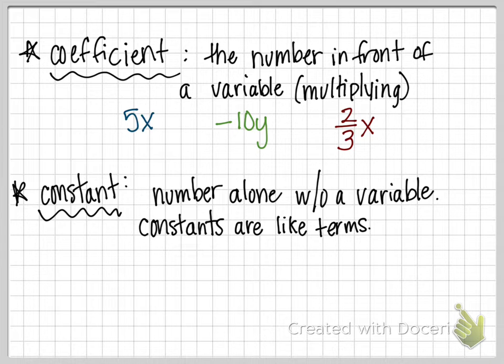So notice up here, we have all these variable terms, right? We have a coefficient and a variable. A constant is just a number with no variable attached to it. Or -25, right? These are just constants. They don't have any variables, okay?